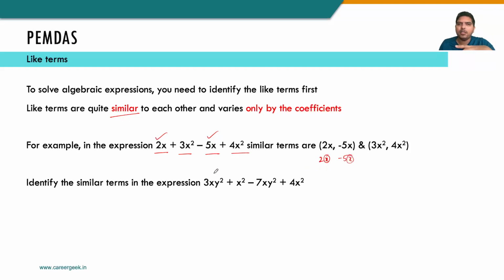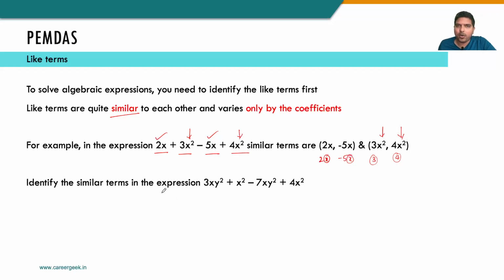Okay, if you find out similar terms, make sure you can add or subtract them normally. The same if you see x square and x square, the variables are same, so we can consider them as similar terms. The quotients are 3 and 4.